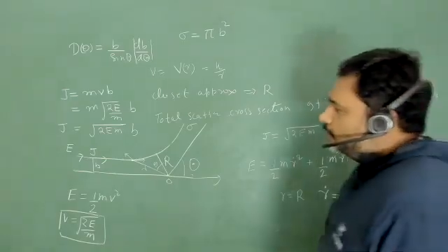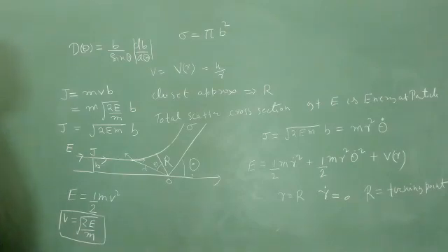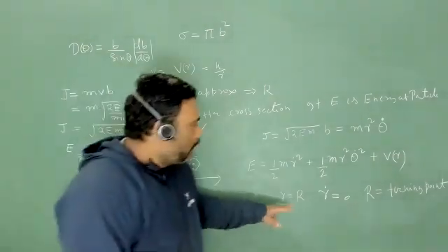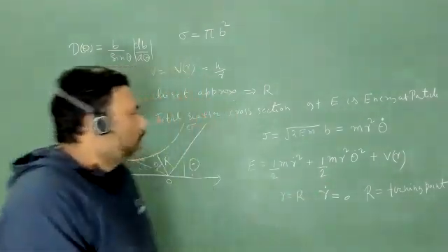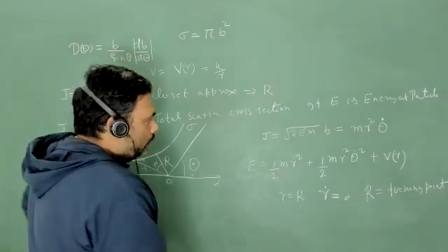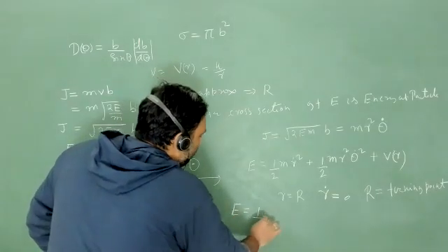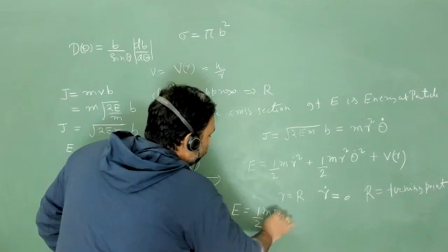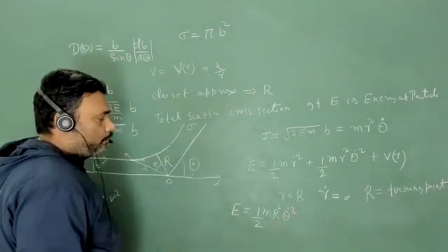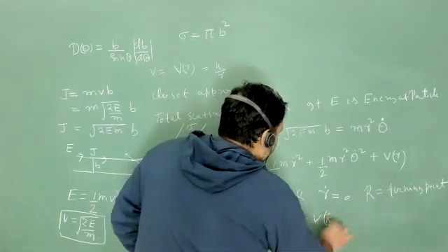You have done all of this, remember? So this is your turning point: at small r is equal to capital R, ṙ is equal to 0. So we have a very interesting thing, that my total energy E is equal to half mR²θ̇² plus V(R).